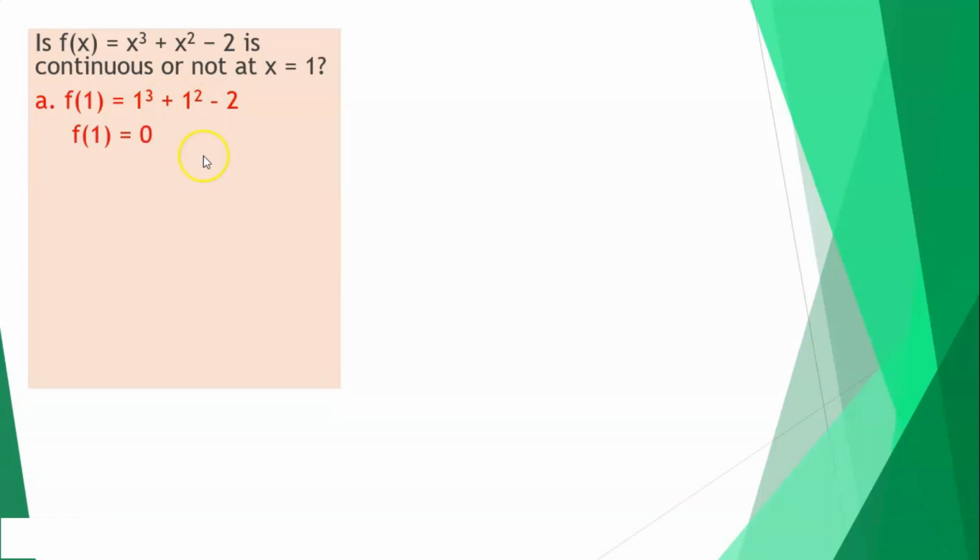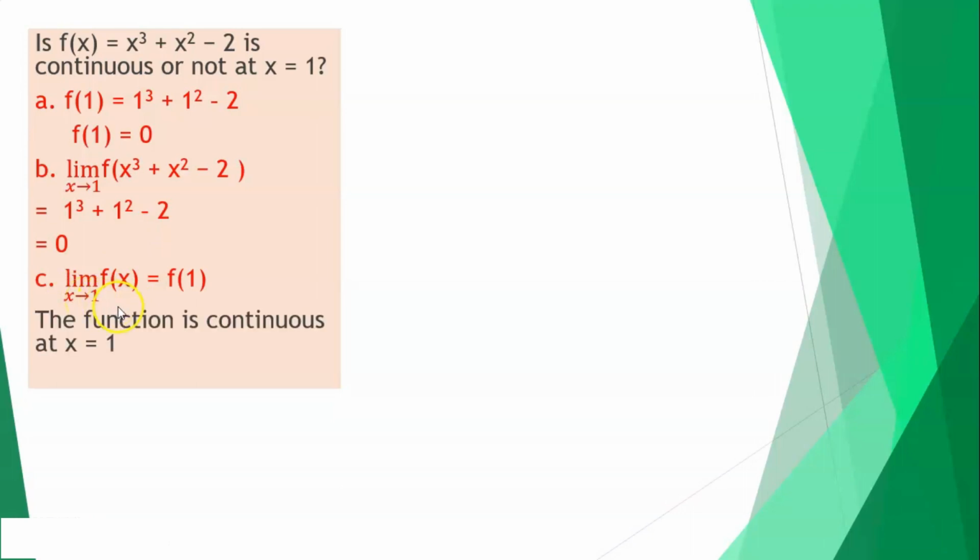Simplifying, we will end up with 0. Now, for letter B, identify the limit of the function as x approaches 1. Let's substitute and we will end up with 0. Now, take note, the limit of the function as x approaches 1 is equal to f of 1. So, this function is continuous at x equals 1.